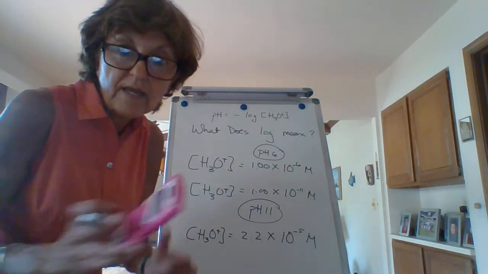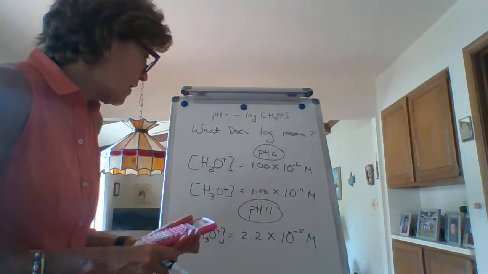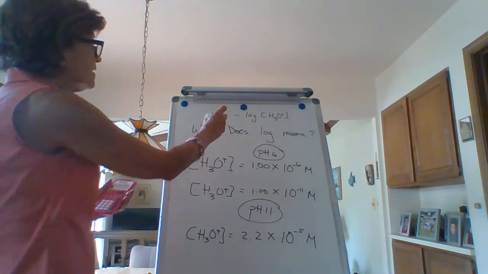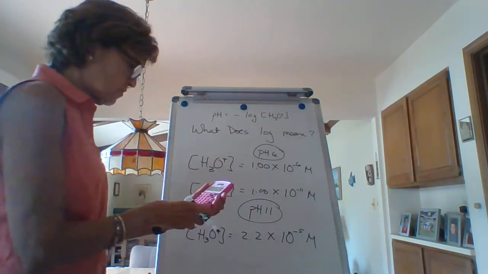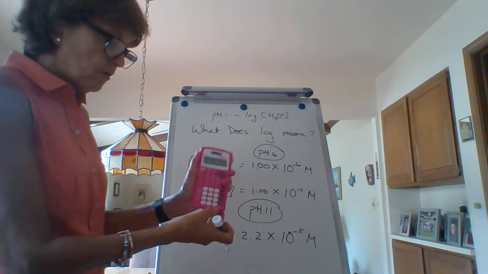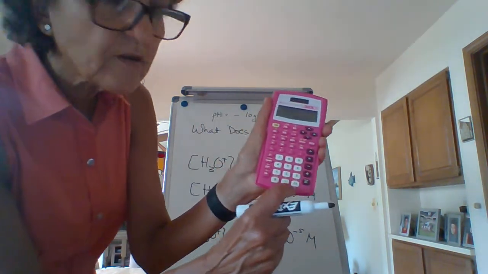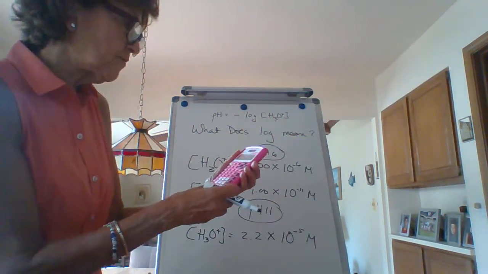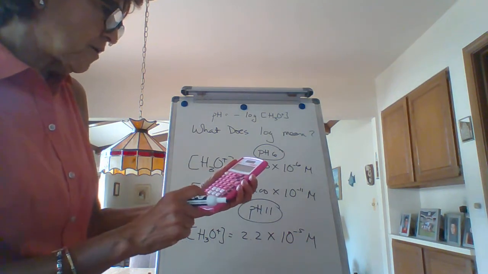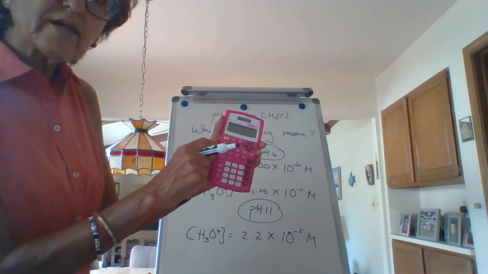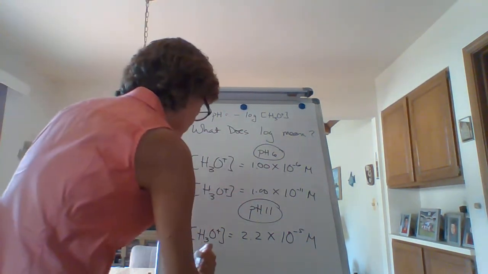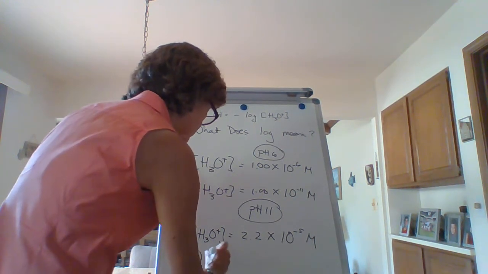So let's do our calculator, okay? And we need to plug it in exactly this way. All right, so this little negative down here in brackets, so negative, and then press the log button. It says log right under the 2, so go negative, and then log.